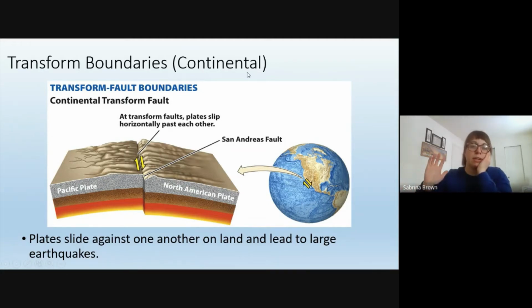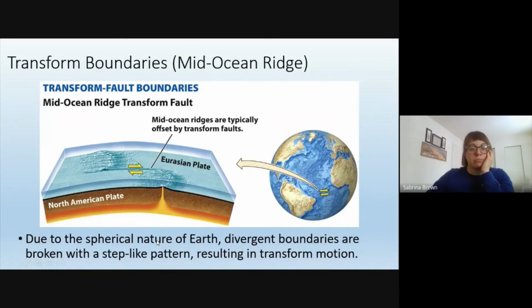On the continents, when we have transform fault boundaries, we have two continental lithosphere plates, like the Pacific and the North American plate. We have basically a little teeny tiny part of California that is continental lithosphere on the Pacific plate. And as the plates slide against each other, you can create very large earthquakes.